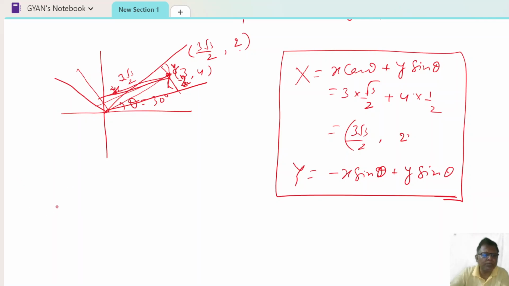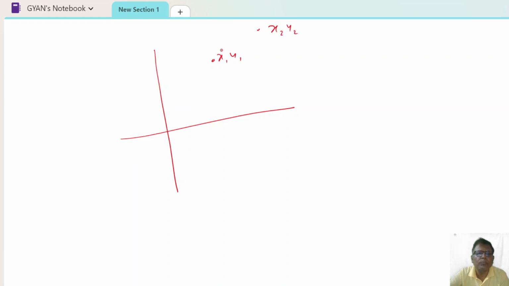Now come to the distance between two coordinates. This is called the distance formula. Suppose two points are there, x1, y1 and x2, y2.